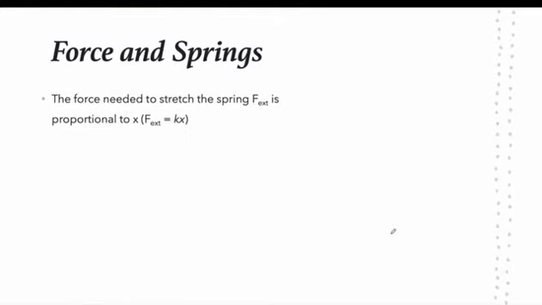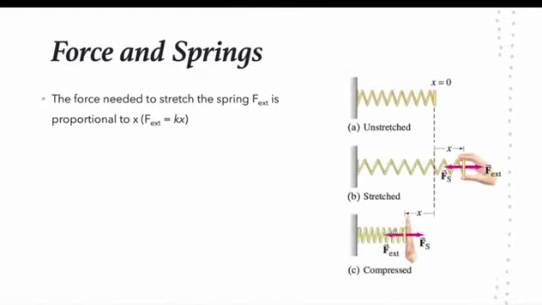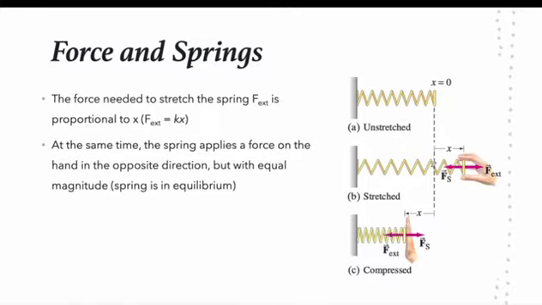So we just said that the force needed to stretch a spring is proportional to x, which is F equals kx. But at the same time, as we exert the force, the spring wants to resist that change. The spring wants to come back to its equilibrium position. So that means that the spring exerts a force of equal magnitude, but in the opposite direction, right?